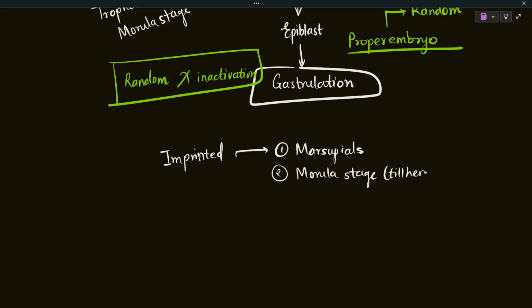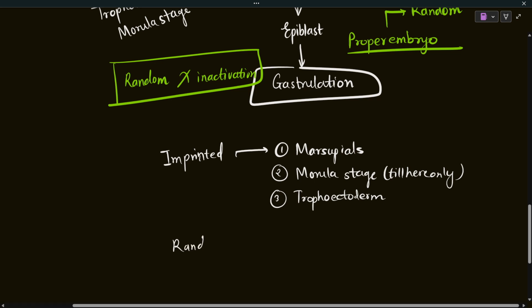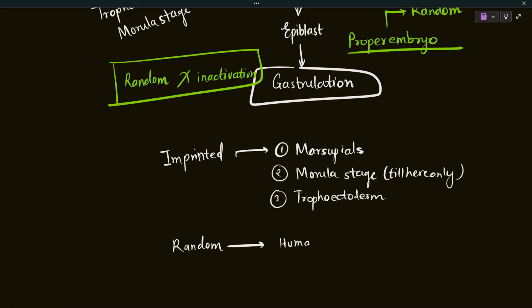And it is also seen in the trophoectoderm, which will develop and form the placenta in future. But random X chromosome inactivation, which is a widespread phenomenon, is seen in humans in the embryo proper from the epiblast stage when the gastrulation starts.